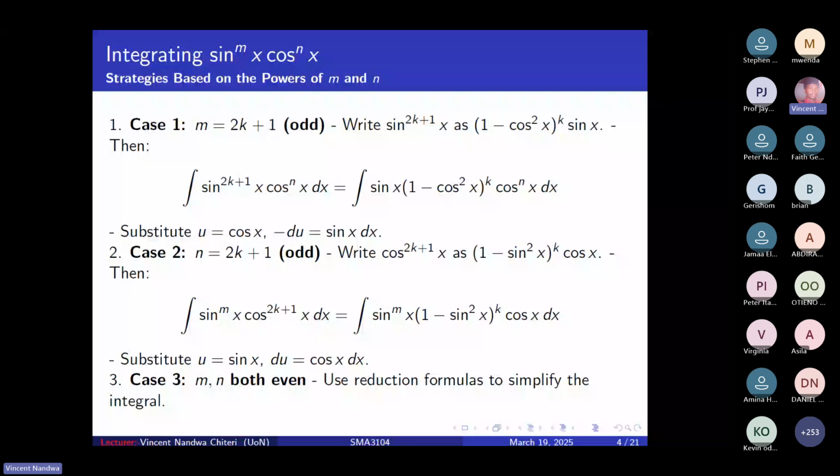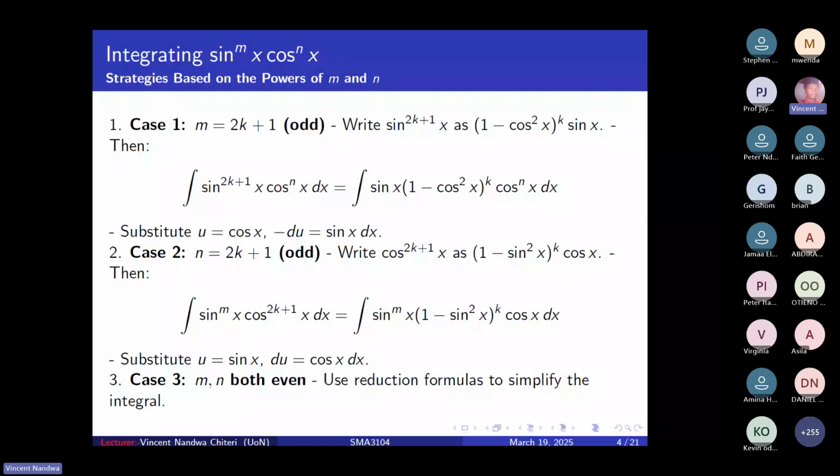In cases whereby the powers m and n are even, you make use of the reduction formulas, which we derived in the previous class. So those are just the general cases to consider. Then we will give examples to see how you are supposed to deal with each case when you have the actual problem to solve.